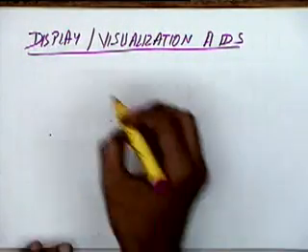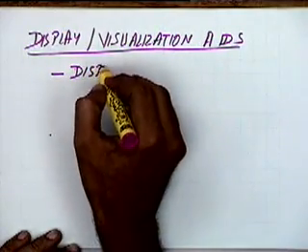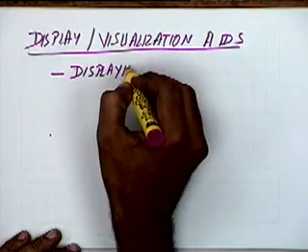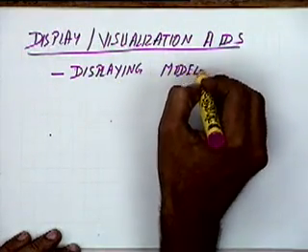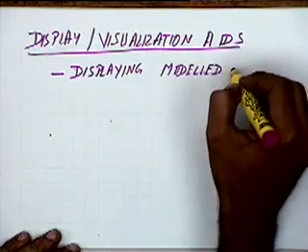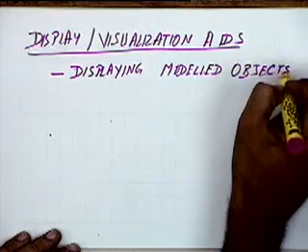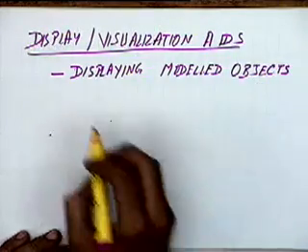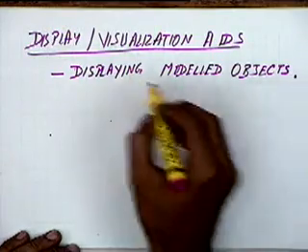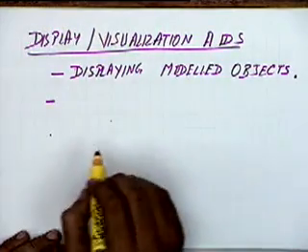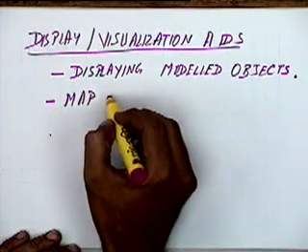When you are talking of display, we are talking of displaying model objects. When we talk of displaying the model objects, what we basically want to do is this object, we want to map it onto screen coordinates.